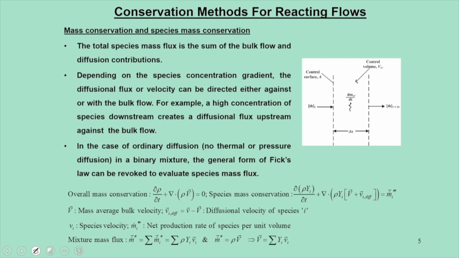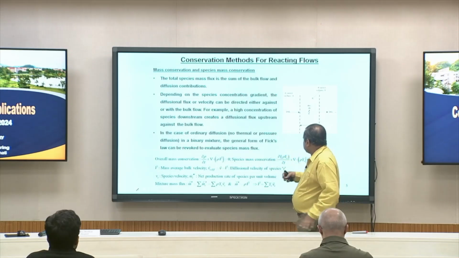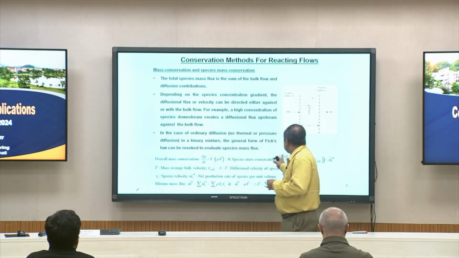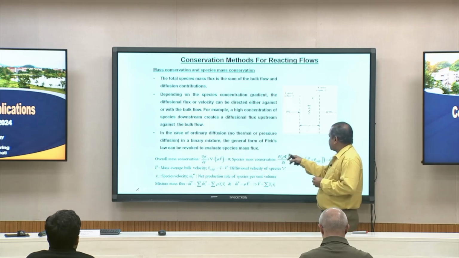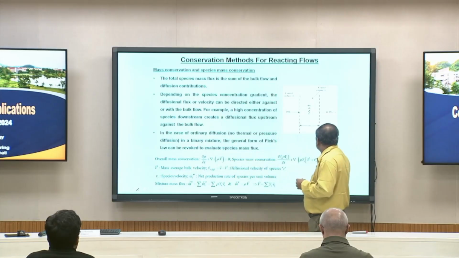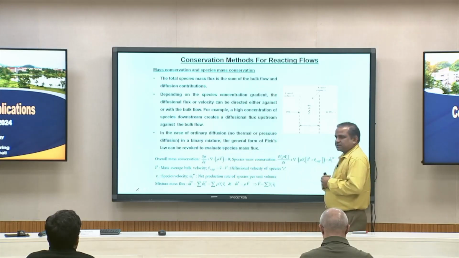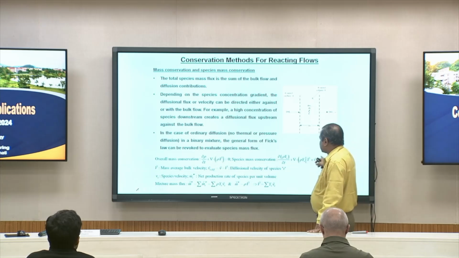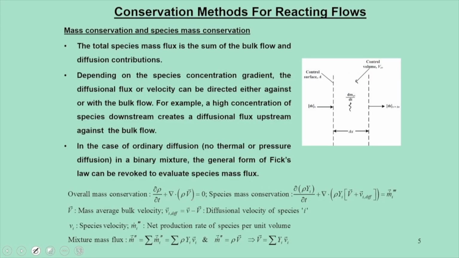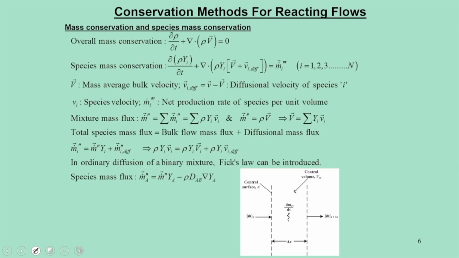Now when the species equation comes, we reframe the equation with respect to that species based on its mole fraction, and the total velocity is the combination of these. Through this we get two equations to be solved: overall mass conservation and species conservation.